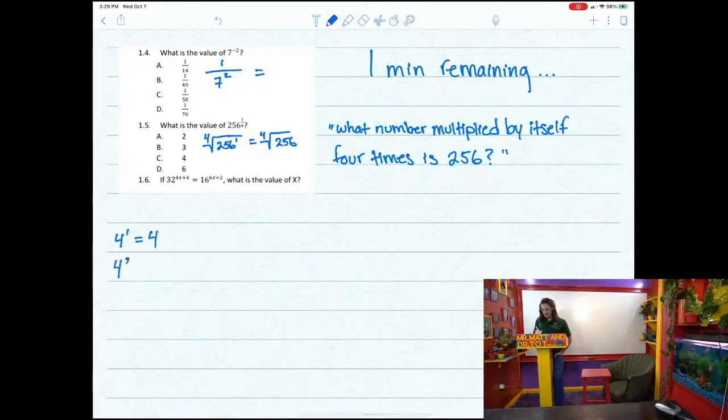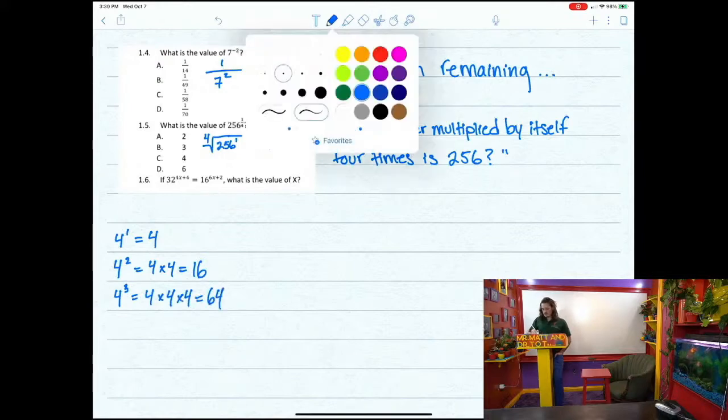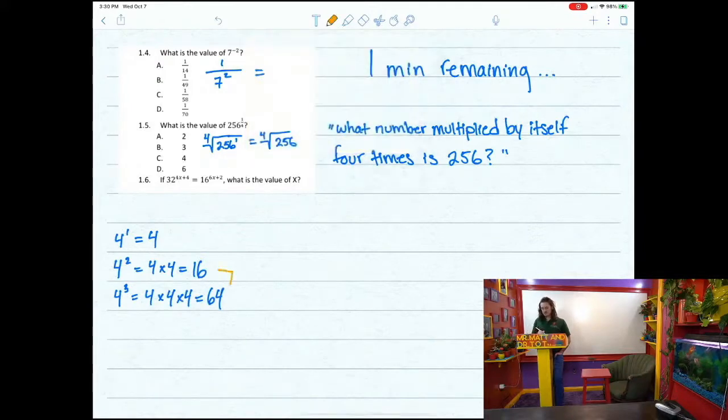4 squared is the same thing as 4 times 4, which is 16. So that's fine for 16, but notice that 4 cubed is the same thing as 4 times 4 times 4, which is actually 64. So between 4 squared and 4 cubed, we jump over 32.